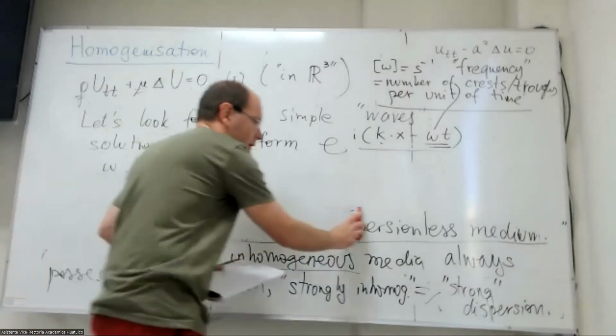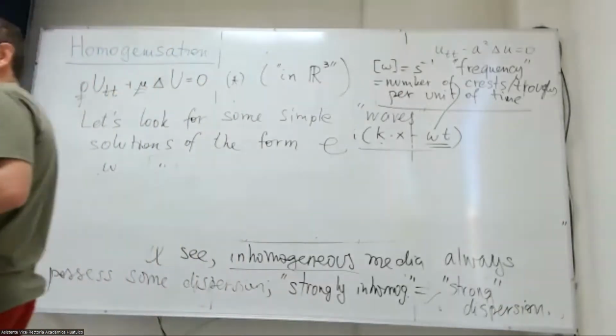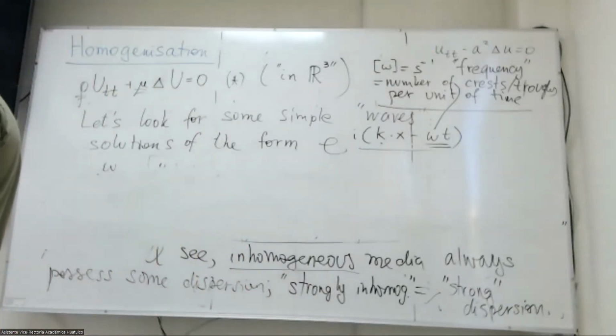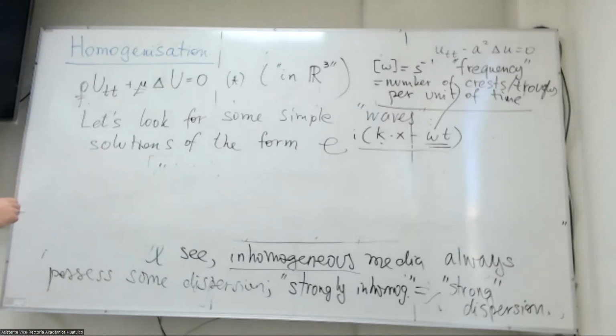But I want to make one more observation before I move on to the next part. And that is that there is only one natural length scale here. That's important for me.